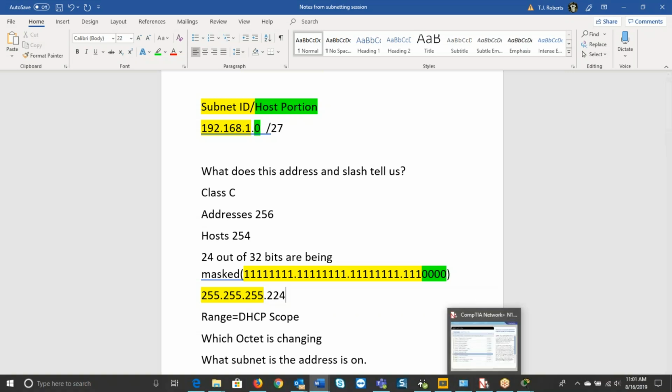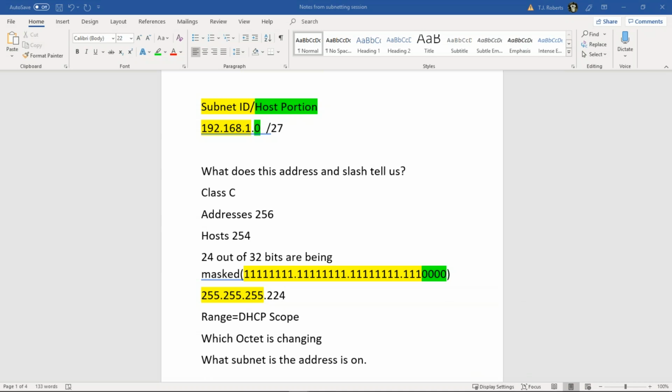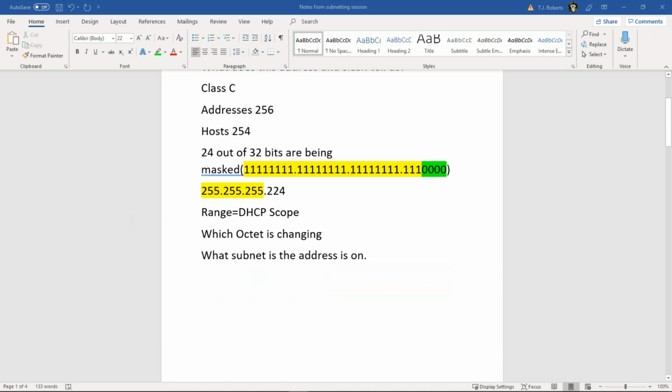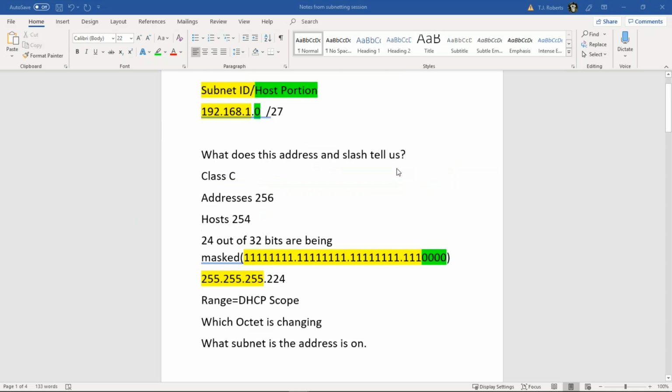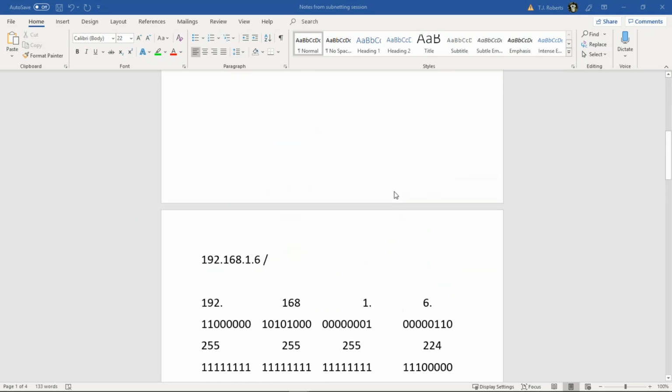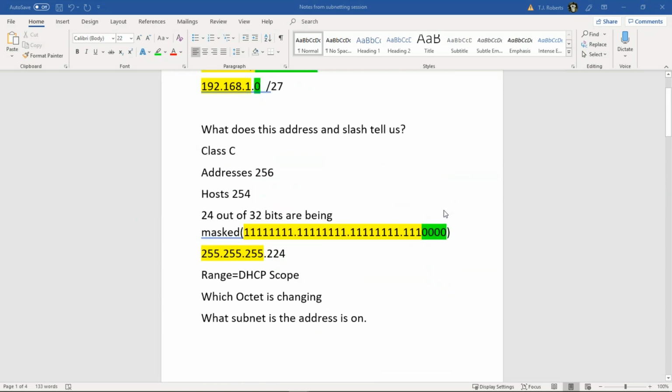Okay, so to get to 224, you're just adding up the bits. It's 128 plus 64 plus 32. If you start from right to left, you have 1, then 2, then 4, then 8.